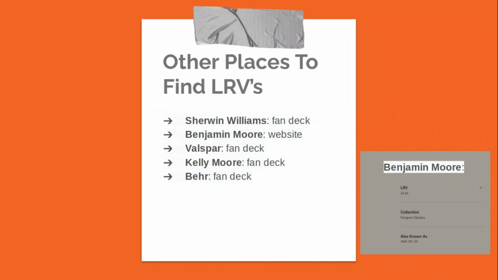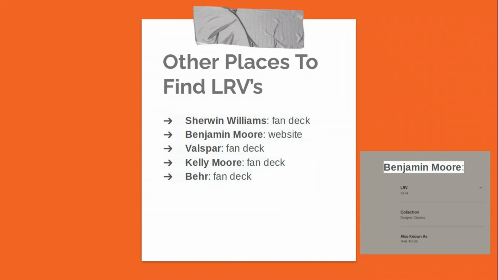The other way is you can use the fan decks that different manufacturers provide. So Sherwin-Williams has one, and all these other brands, Valspar, Kelly-Moore, but you can carry that fan deck with you and look for the one that matches it.